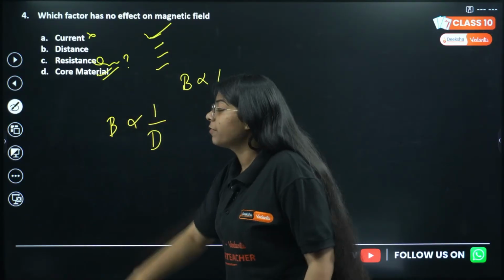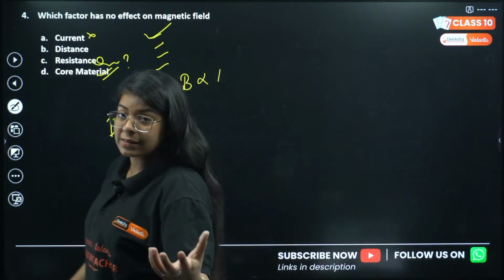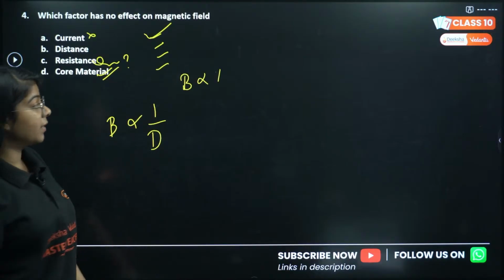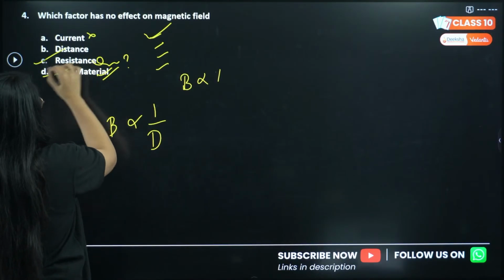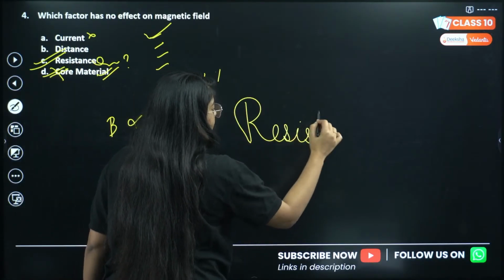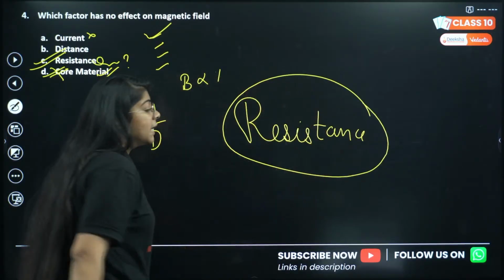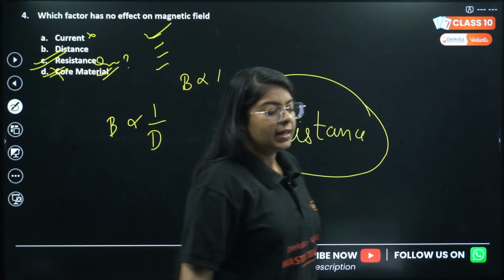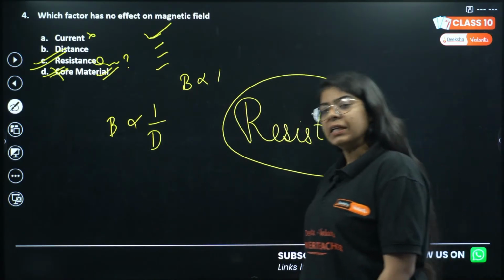Core material, when we put an iron core inside a solenoid, let's say, does affect the magnetic field, so this is also not the answer. So the answer will be resistance. The resistance of the wire that we are using will not affect the magnetic field.